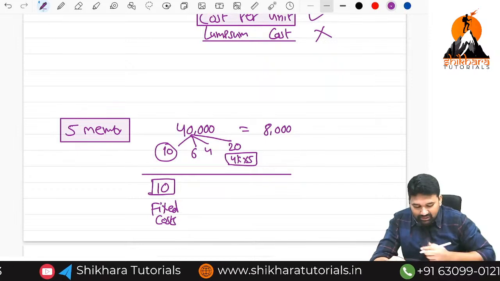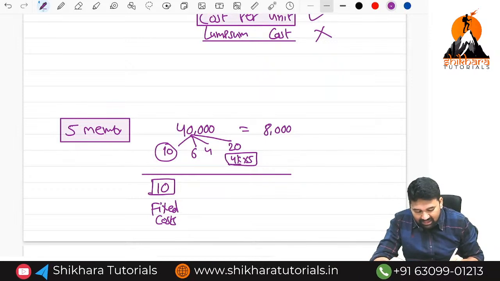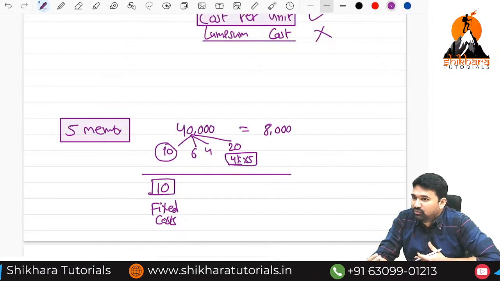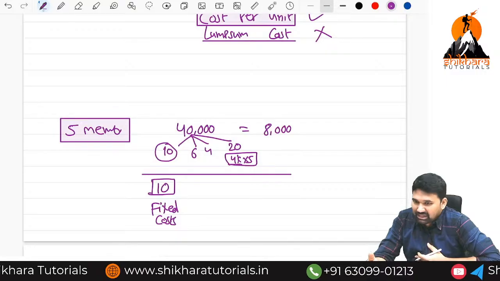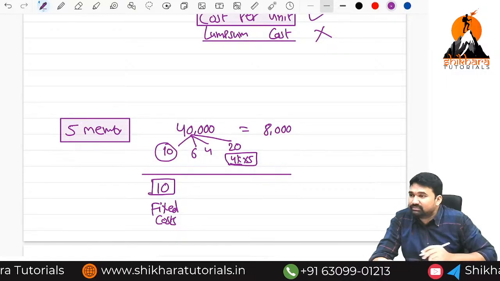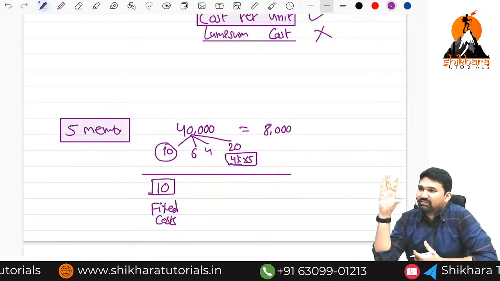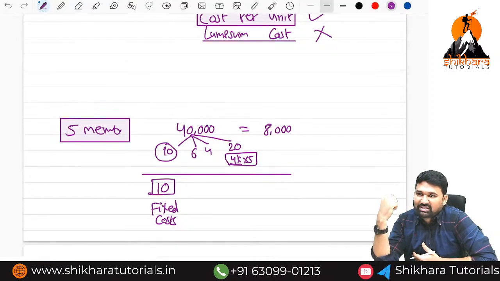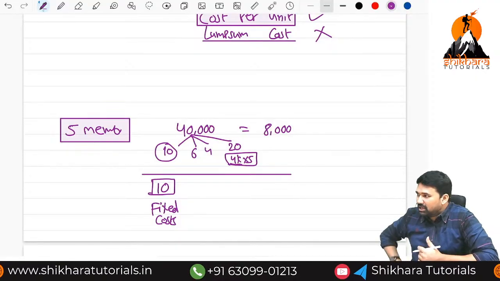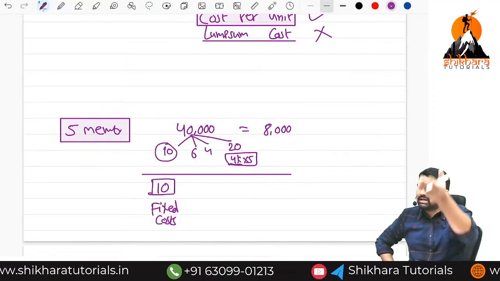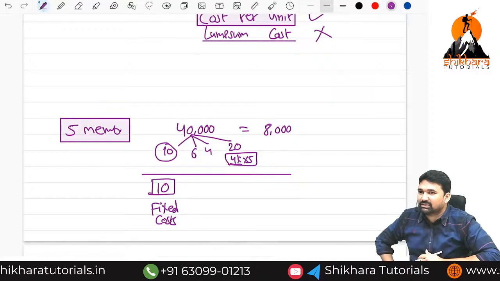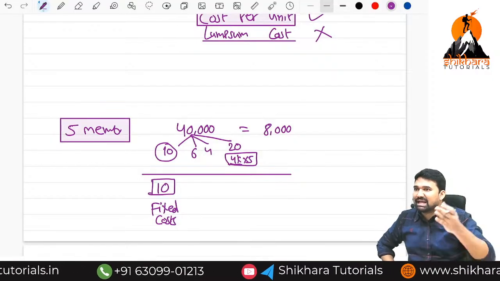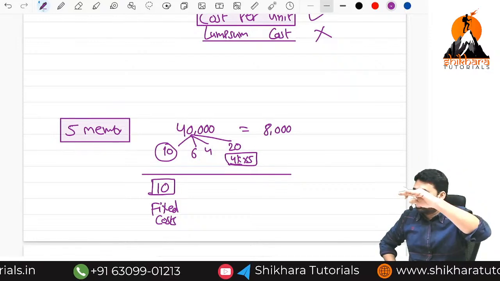Listen carefully. After arriving at the destination, you book food, boarding and lodging, right? That is per head 4,000, right? Actually, you planned for 5 members. Now, currently, how many members are going for vacation? Only 3 members. Now, is the cost reduced or increased or the same?